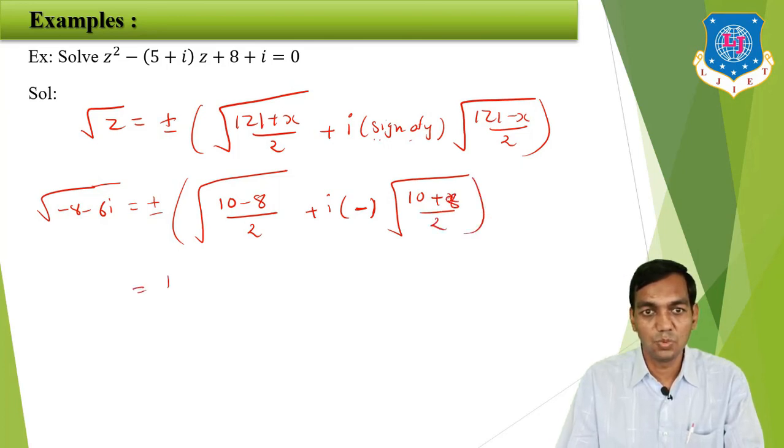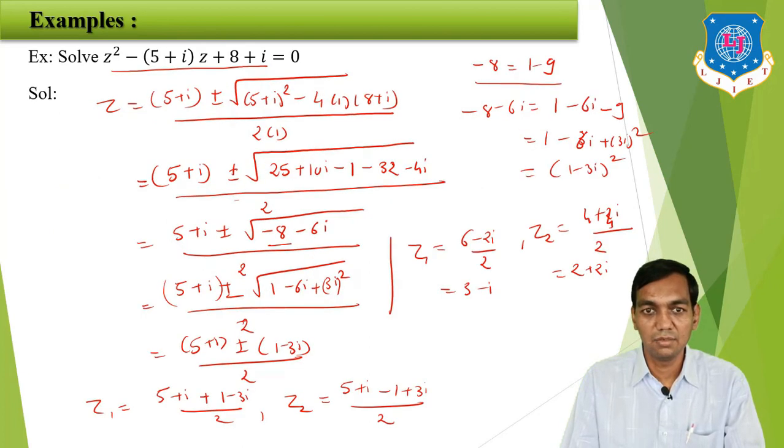That will give you plus or minus 2 by 2, that is 1, minus i into 18 by 2, square root of 9, that is 3. So 1 minus 3i, plus or minus. You can put that value directly here, 1 minus 3i, and that will give you the answer. Plus or minus we have already written for the square root, that's why no need to write it again.